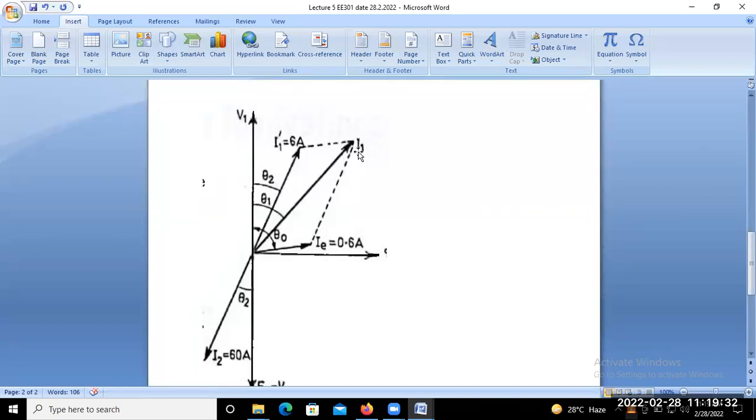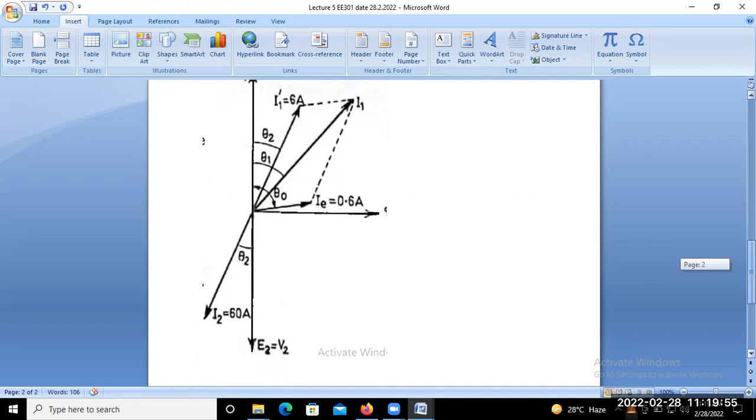So I1 cos theta 1 equal to how much? Same thing. This component plus the core loss component of this current, IE. If you use this formula, then you will get the power factor also.